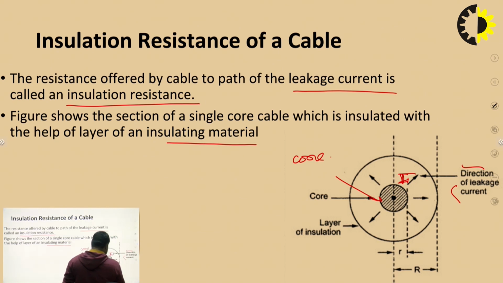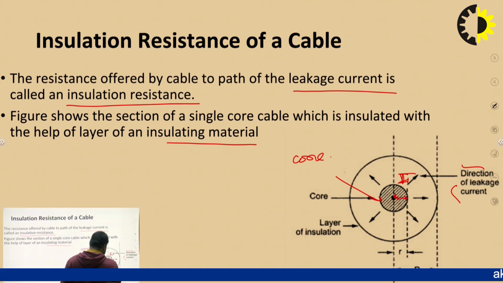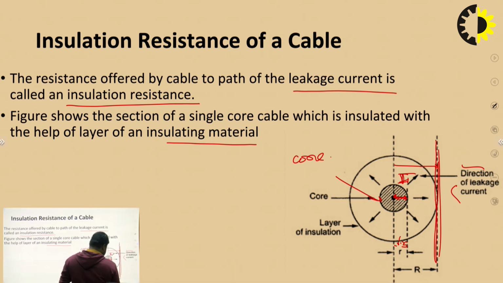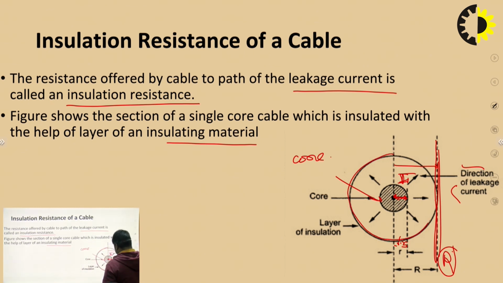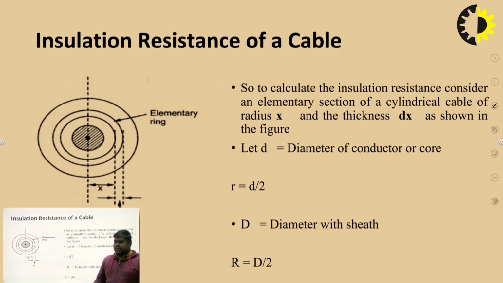This length, in the circular part, is the radius r, and the total length, which is the vertical line, is capital R. And this is the layer of dielectric. Now we will see how to calculate the insulation resistance.